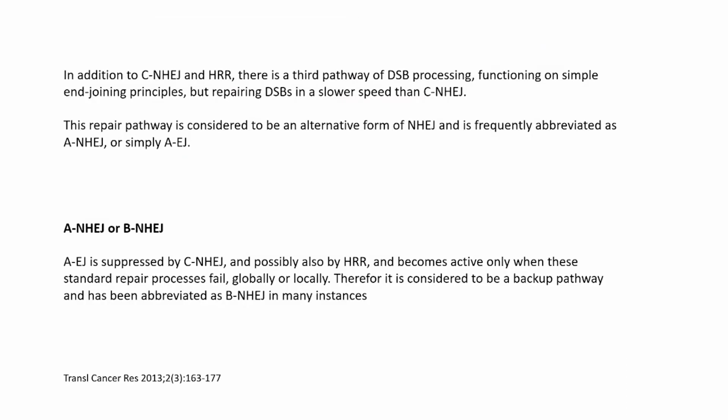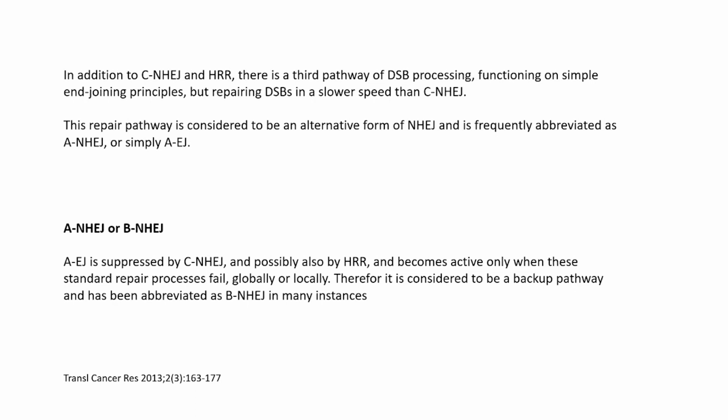It is functioning on simple end joining principles, but repairing DSB at a slower speed than conventional NHEJ. This repair pathway is considered to be an alternative form of the NHEJ, as already told to you, and is abbreviated as A-NHEJ or B-NHEJ.